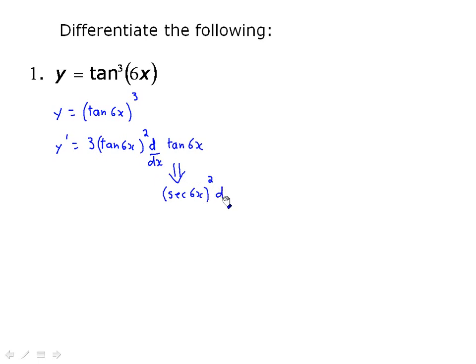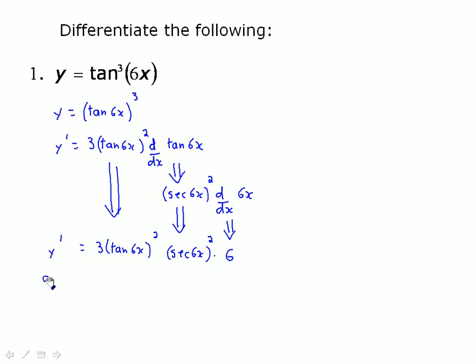But then we have to multiply it by the derivative of the inner, which is 6x. I think most of you will not go through all these steps when you're differentiating something like this, but this is what your brain is doing. So this is the secant of 6x squared multiplied by 6, and then this is times 3 tan of 6x squared.